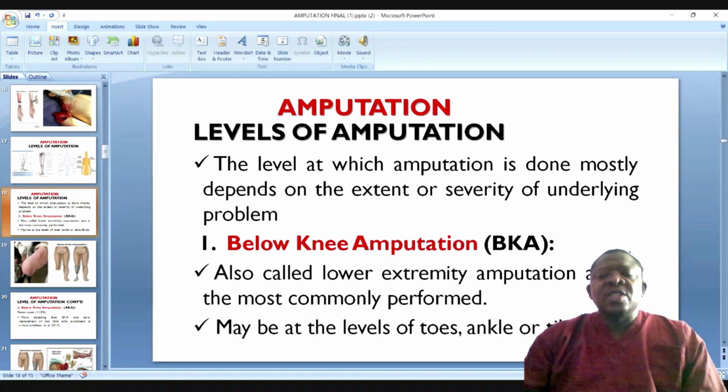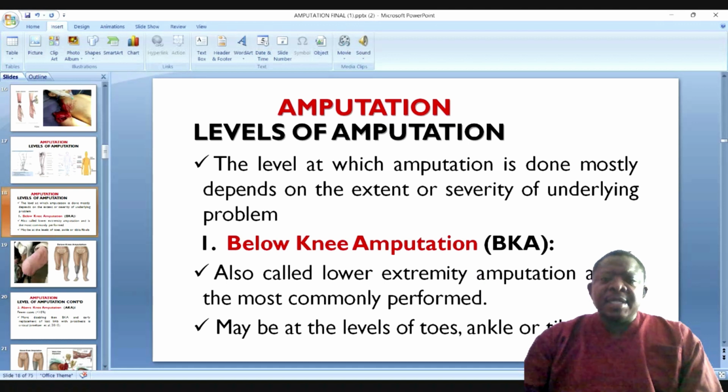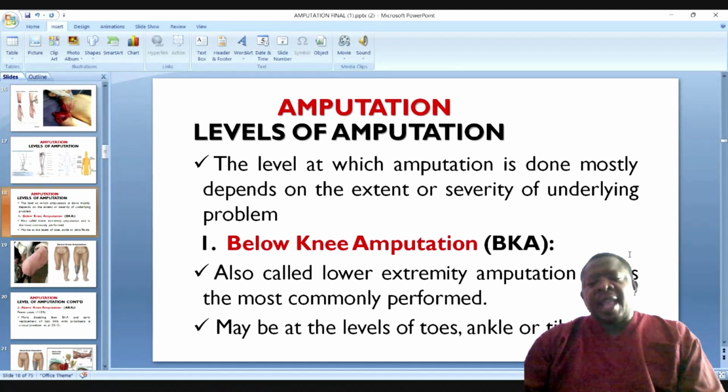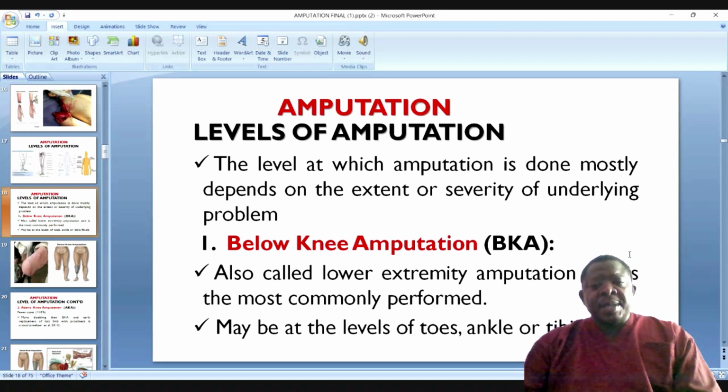This one is one of the most commonly performed procedures. It's easy to rehabilitate the patient with a below knee amputation as they can easily start moving more like as if they don't have even the amputation. So the amputation becomes a little bit easier for below knee amputation.